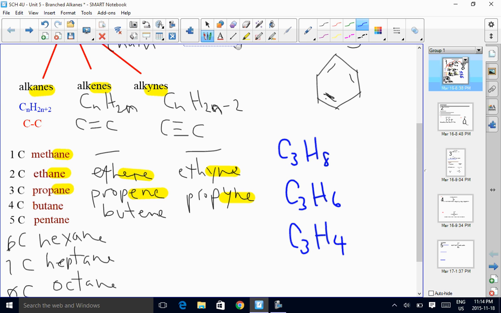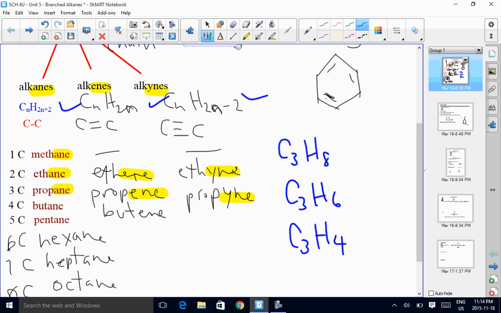So that's how you would use each of these formulas to write their chemical formula. You just have to know how many carbons there are, and then know the formula. Again, it's 2n+2, 2n, and then 2n-2 for the alkynes.